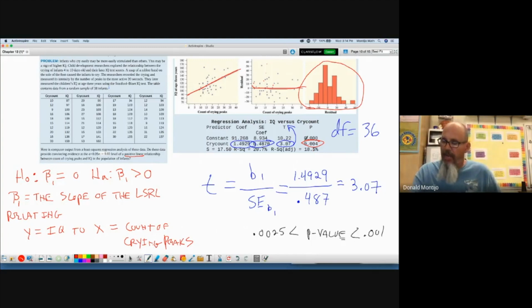The only thing I'm going to have to do is divide that p-value by 2 because the computer printout is giving me the p-value if the alternative was two-sided. So the p-value in this case is 0.002. Is that smaller than 0.05? Certainly is. Therefore, the data is statistically significant.